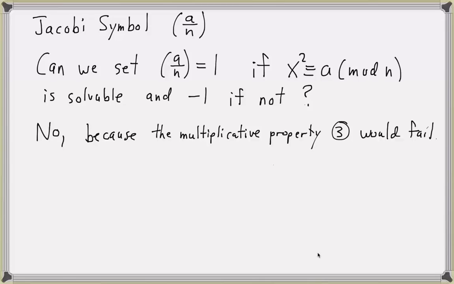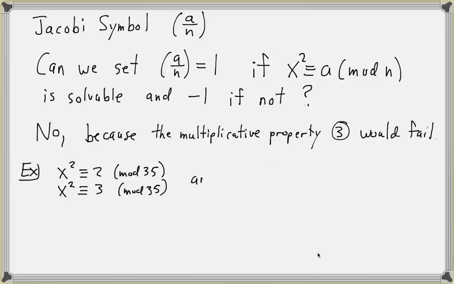Here's an example. x squared congruent to 2 mod 35 and x squared congruent to 3 mod 35 are not solvable.